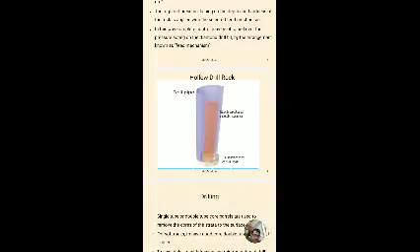A hole is formed, if the pressure created by the pipe has more force than the breaking strength of the rock.